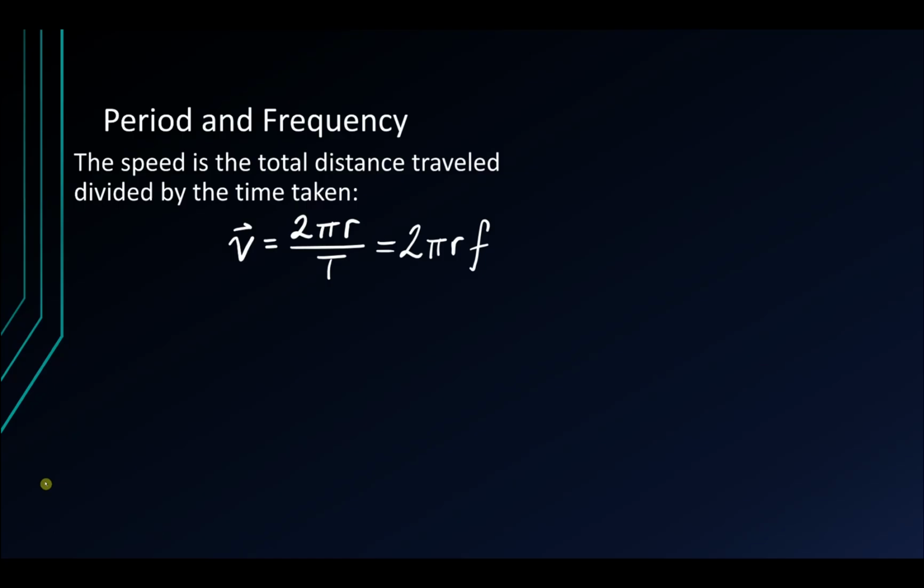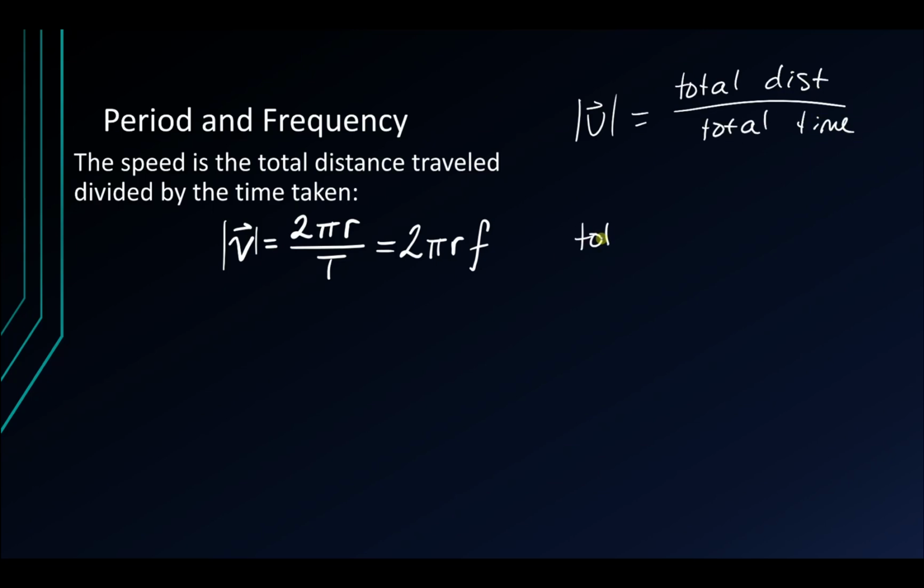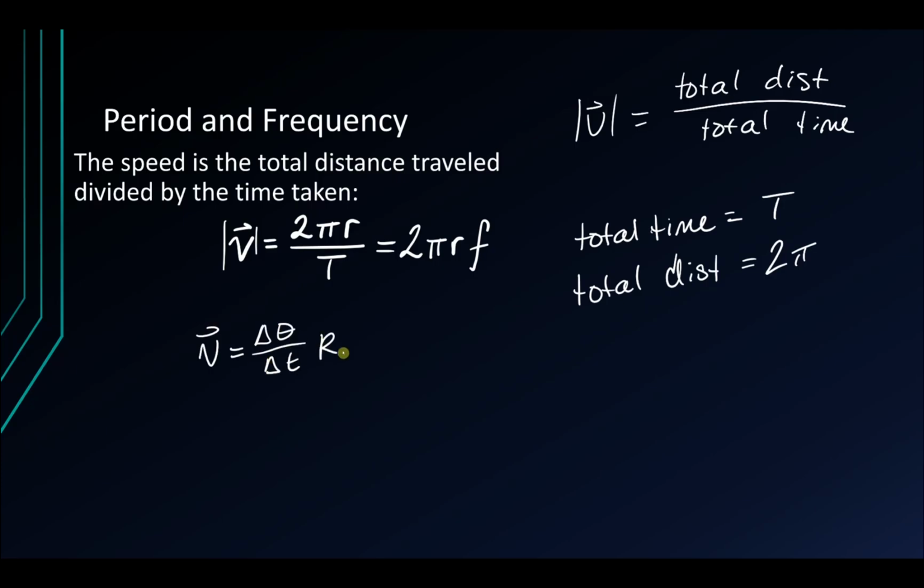So the speed, or the magnitude of my velocity, is the total distance traveled divided by the total time taken. So if total time is going to be the period and the total distance is going to be one whole revolution around the circle, which is 2 pi, then we can take v is equal to our change in theta over our change in time times the radius.